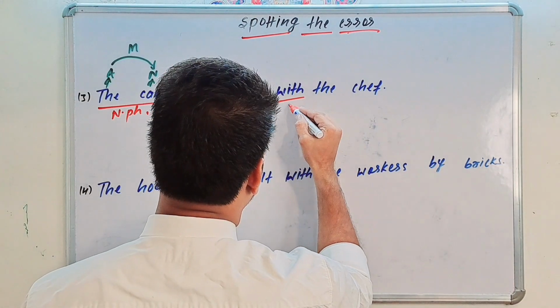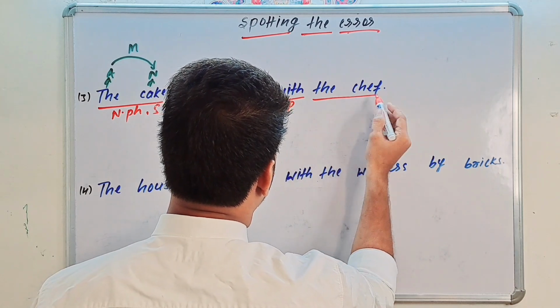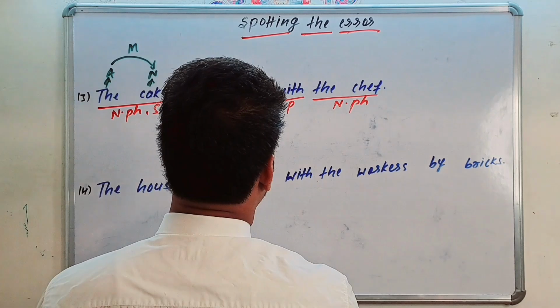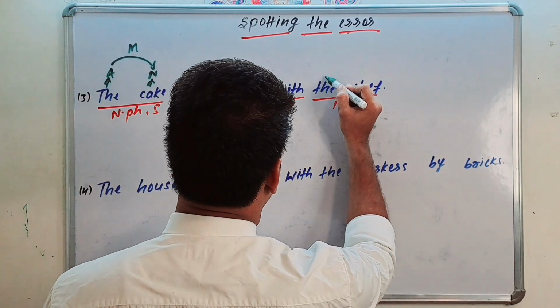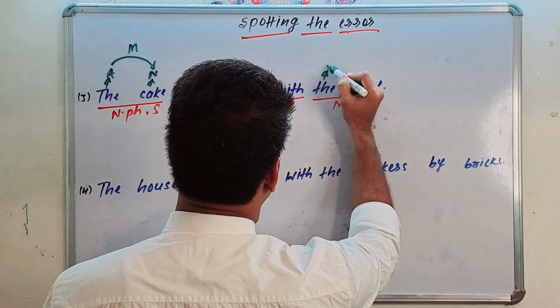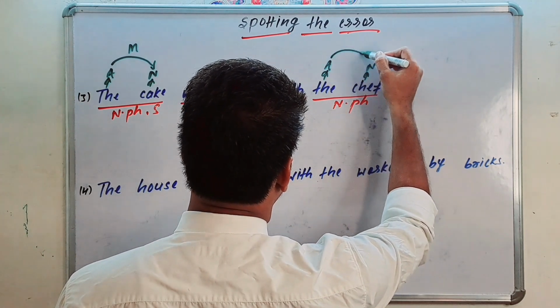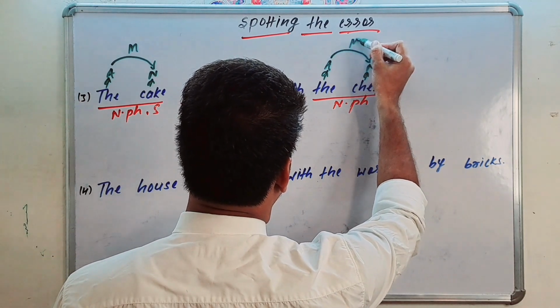Here with is your preposition and the chip is your noun phrase, and in that noun phrase the word the is your definite article and chip is your noun, which it is again modifying.